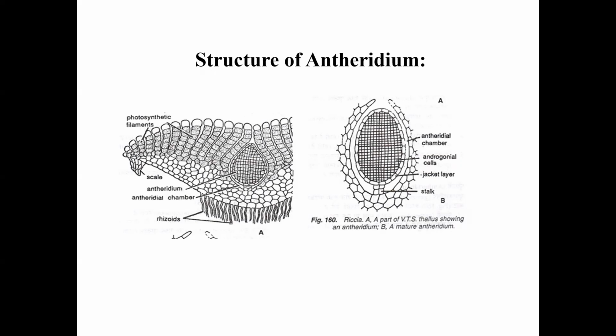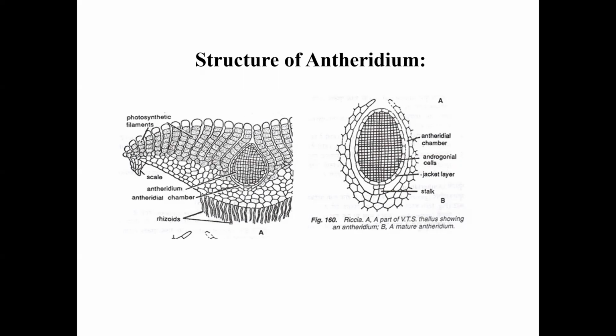The antheridium may be rounded or somewhat pointed at its apical end. A sterile single-layered jacket layer encircles the antheridium to protect it.